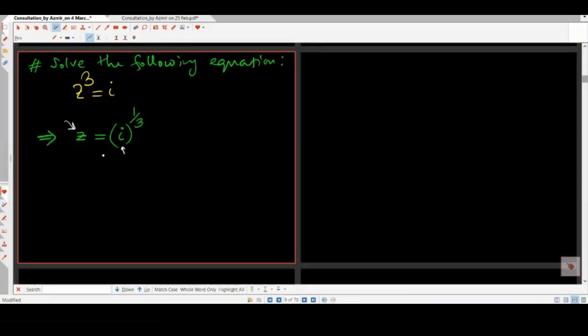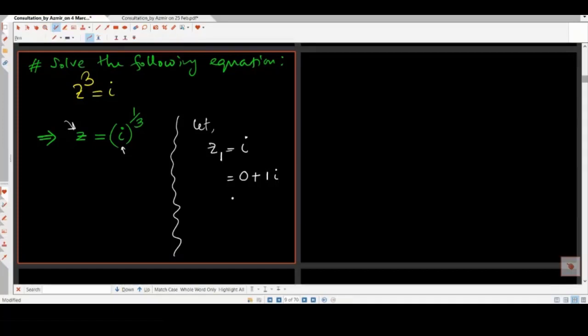Now you can see that on the right side, inside the parenthesis, we have a complex number. Let's denote that complex number as a new number. Let's say this is z1. So z1 equals i, which can be written this way: 0 plus 1i.